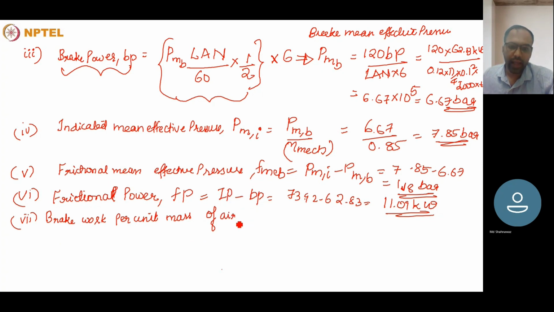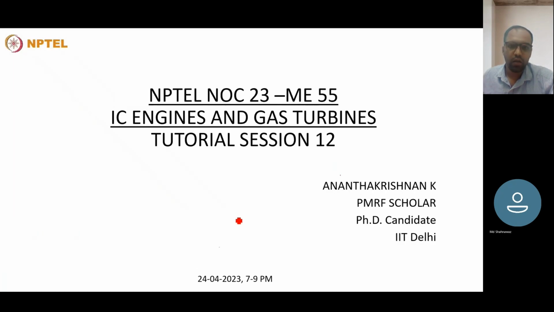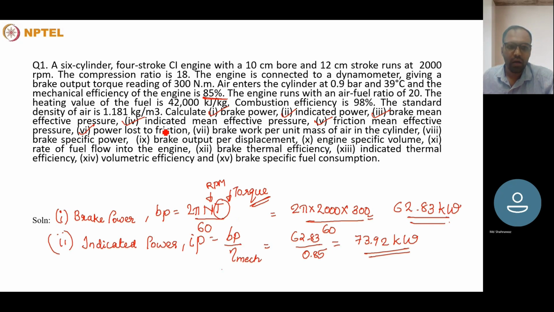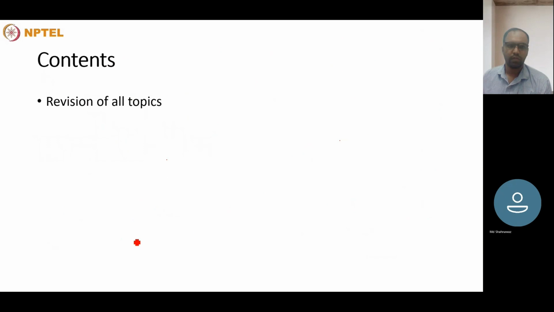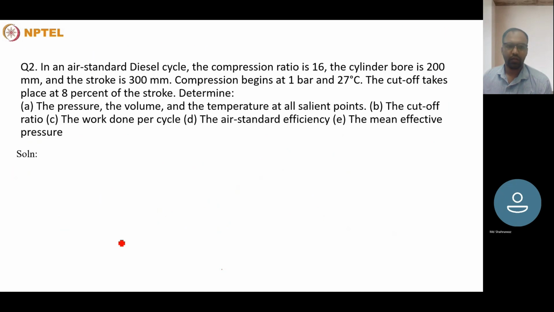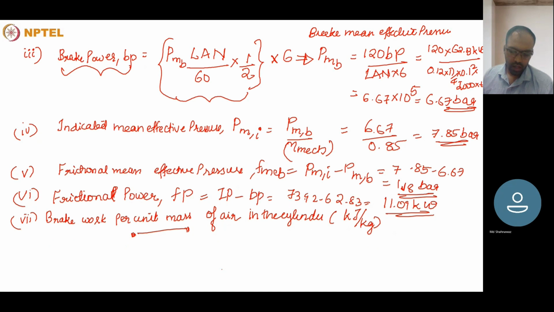The unit will be kilojoule per kilogram. We need to calculate this quantity. In this one, first of all, we need to calculate the brake work per cylinder in one cycle.